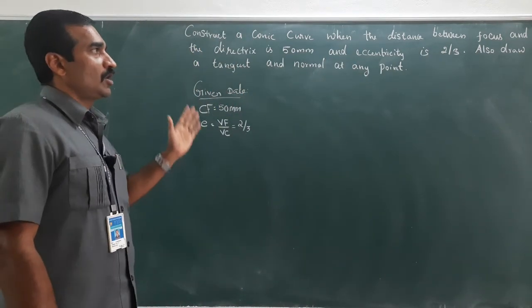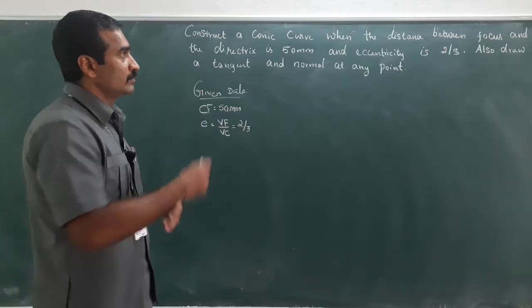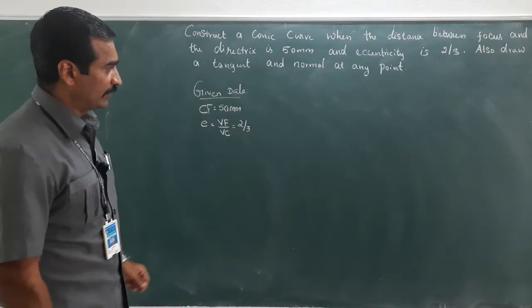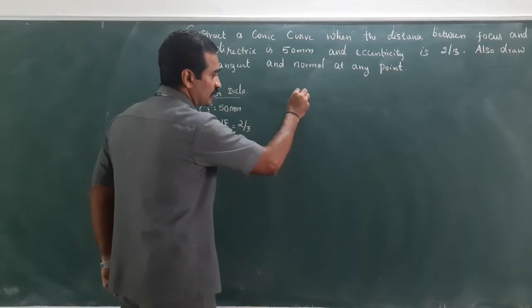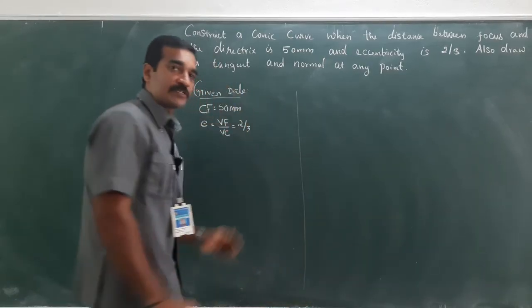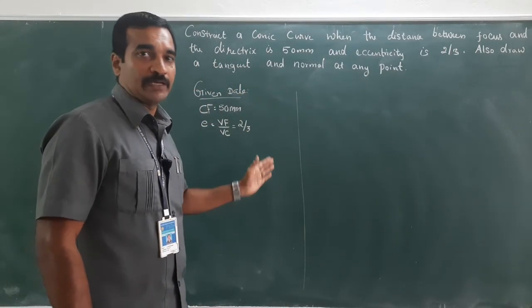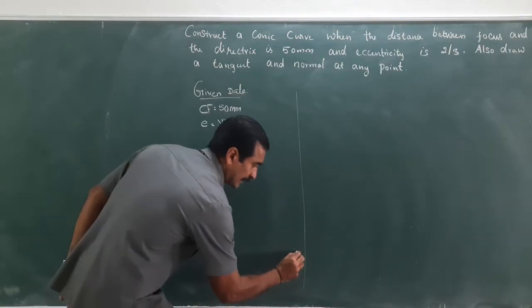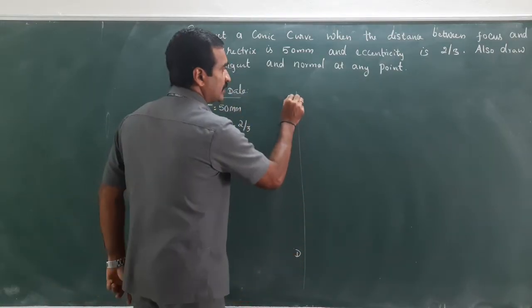Let's draw the profile first. To start with, draw a vertical line which represents the fixed straight line, or directrix, denoted as D dash.